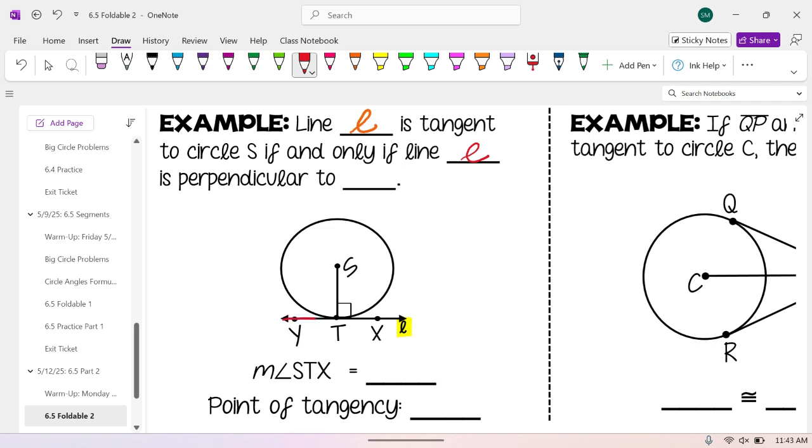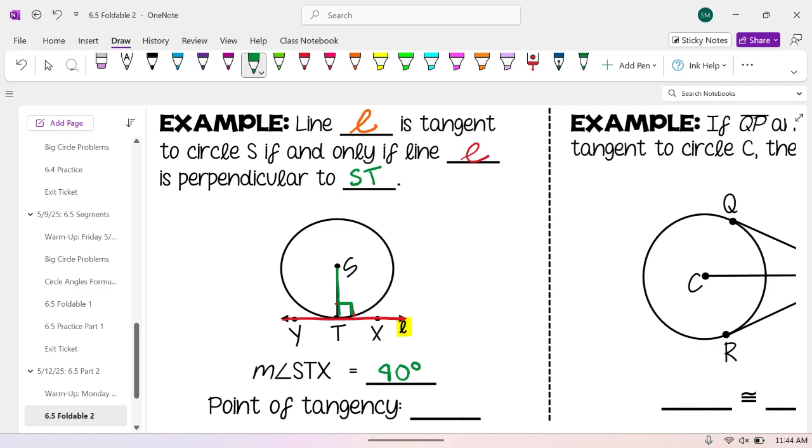So this line here has to be perpendicular to what segment? ST. It has to be perpendicular to the radius ST. So the angle STX, which is right here, is 90 degrees.